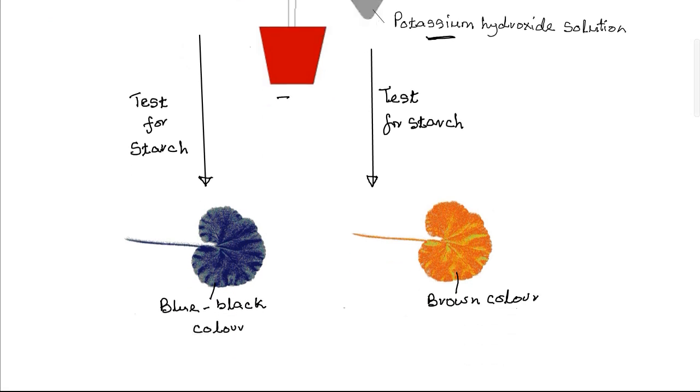So, leaf B lacks starch because the potassium hydroxide solution absorbed all the carbon (IV) oxide that was present in the flask, such that the leaf could not carry out photosynthesis even though it was exposed to sunlight. So we can see that without carbon (IV) oxide, even though sunlight is present and the temperature is optimum, no photosynthesis can take place.